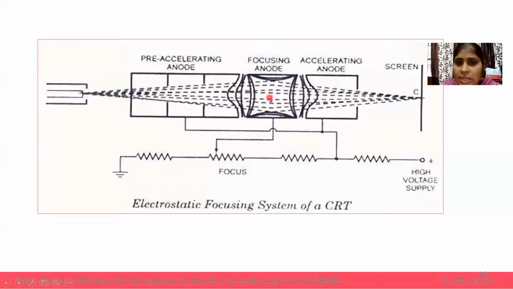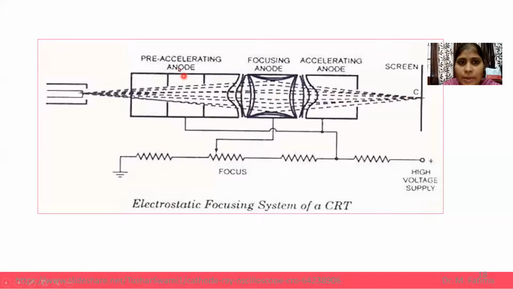But when these electrons reach the accelerating anode, since it is connected to a high potential compared to the focusing anode, most of the electrons are attracted towards it, and most of the electrons are concentrated at the center of the tube. These accumulated electrons then move towards the center of the screen.